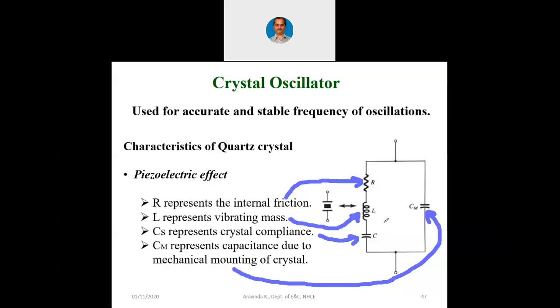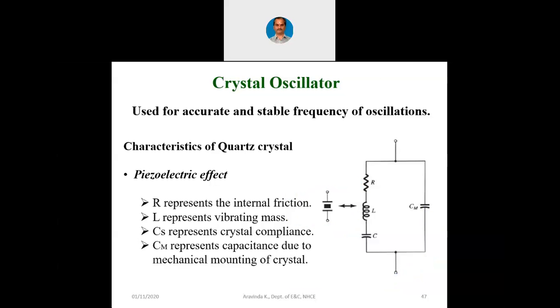Now you can see there is a series resonance, there is a parallel resonance in this circuit, which means RLC together is going to be a series resonant circuit. This whole thing is going to be a series resonant circuit. But you will have this Cm also into picture. Cm is in parallel with this RLC.